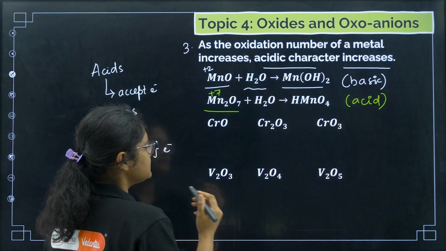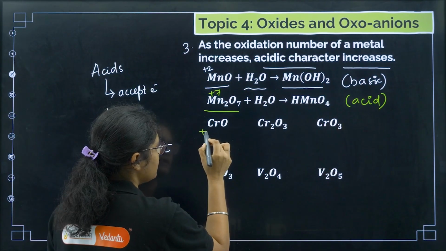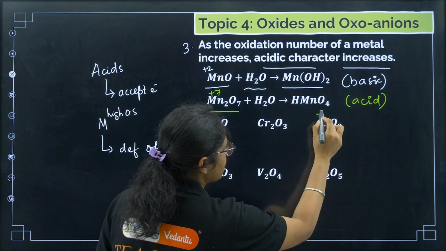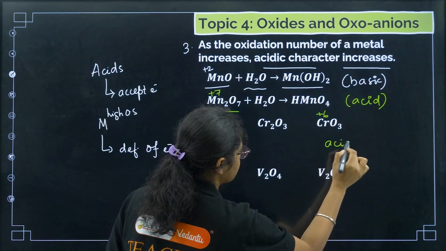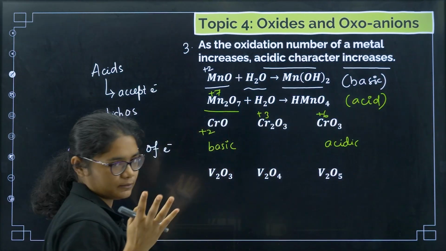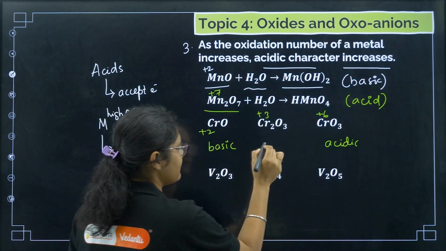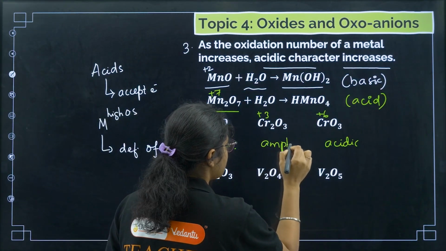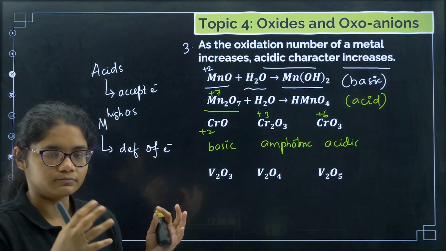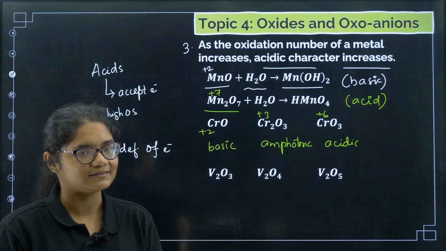Acidic in nature. Now similarly, chromium in +2 oxidation state is basic, okay, and at +6, the highest oxidation state, it is acidic. When it is +3, in between, they generally behave as amphoteric. Amphoteric means those oxides which have the properties of both acid and base.